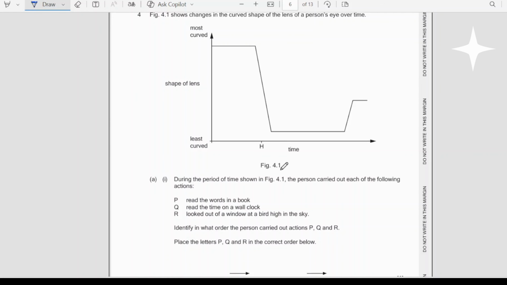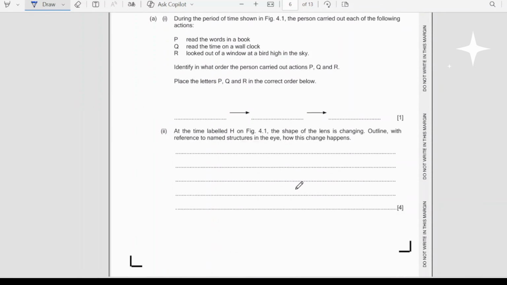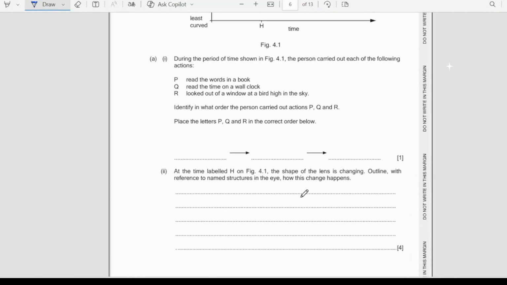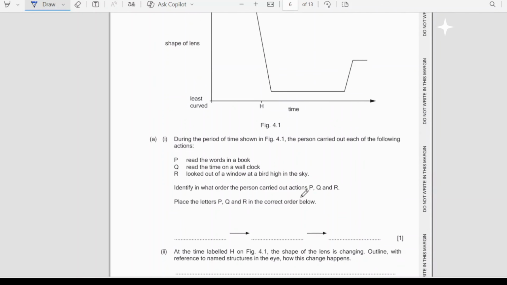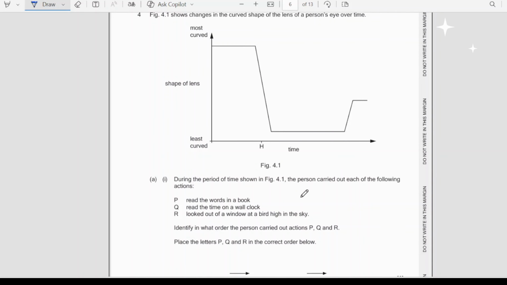Okay, retina. Now, correct. Now you are looking at a far object.